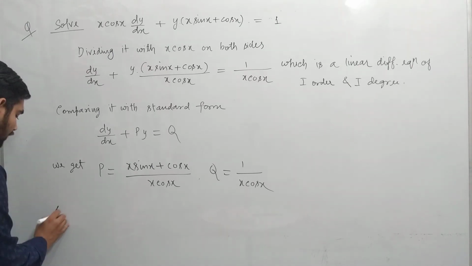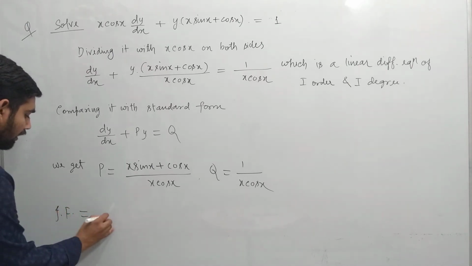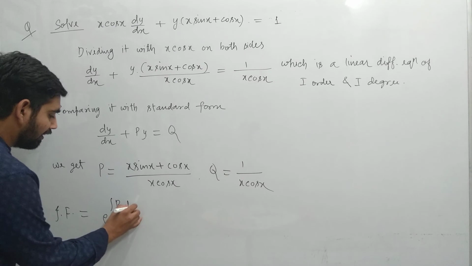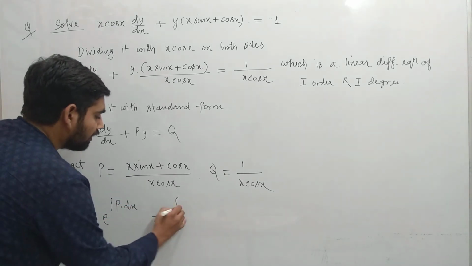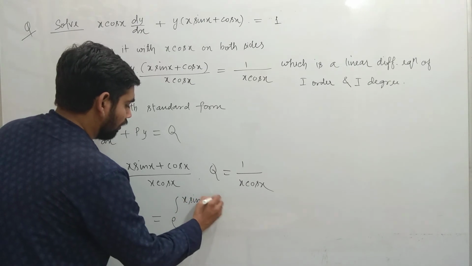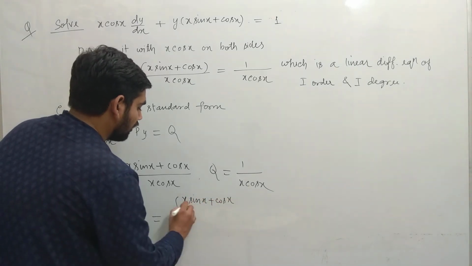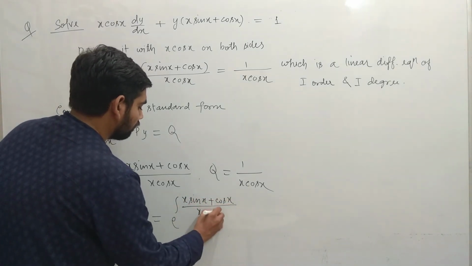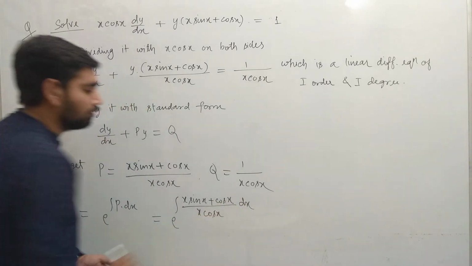Now integrating factor IF is given by e to the power integral p dx. E to the power integral of (x sin x plus cos x) divided by x cos x dx.